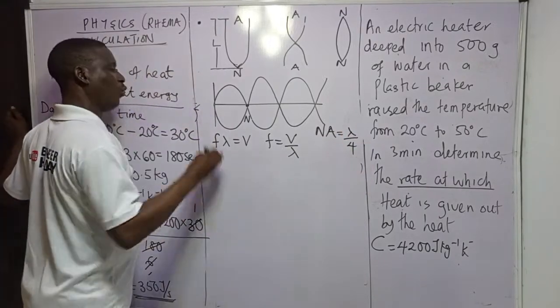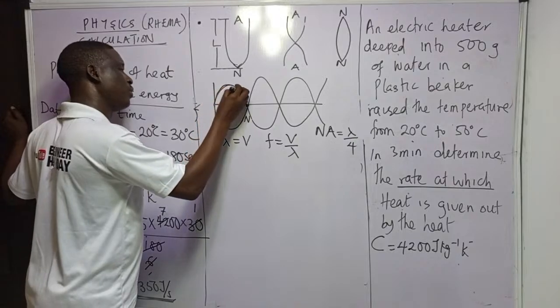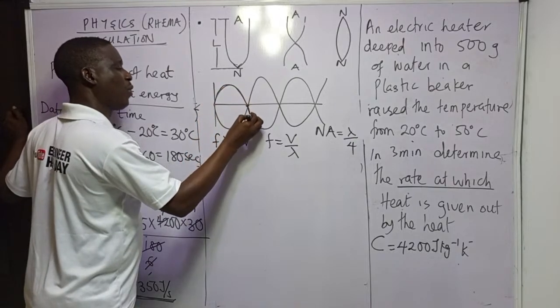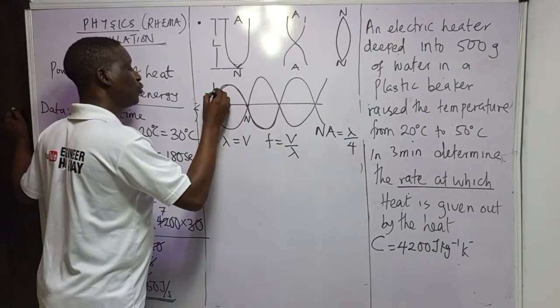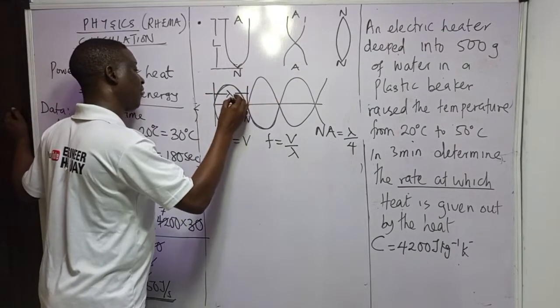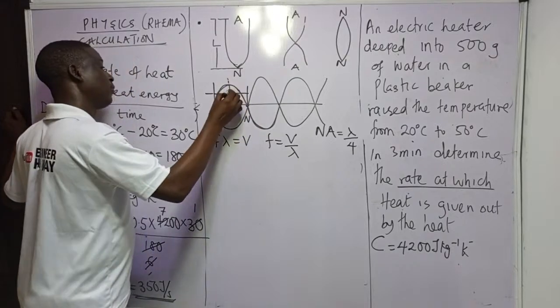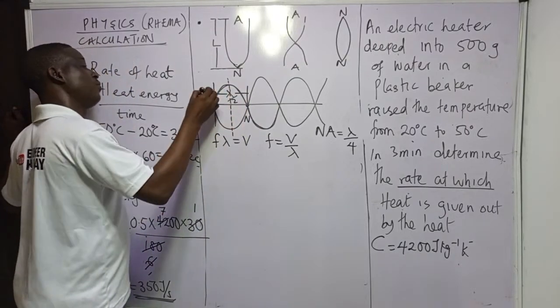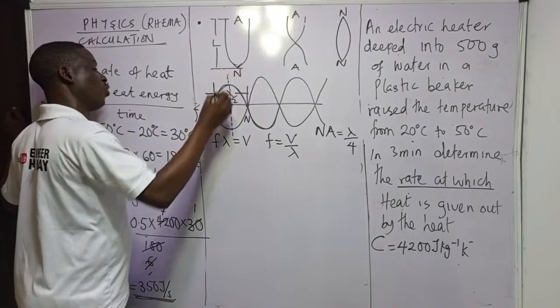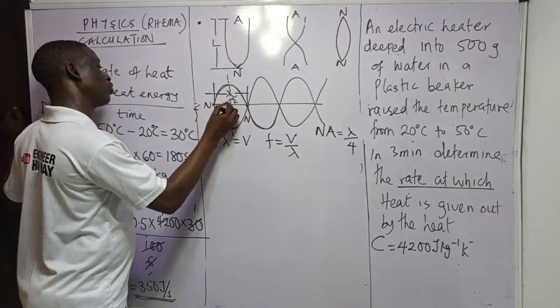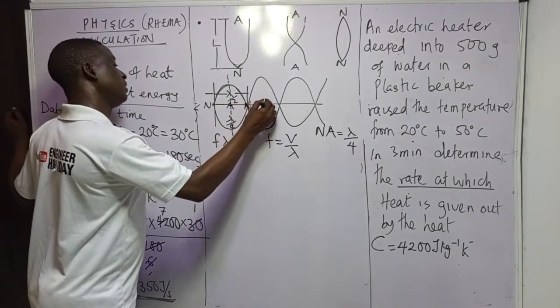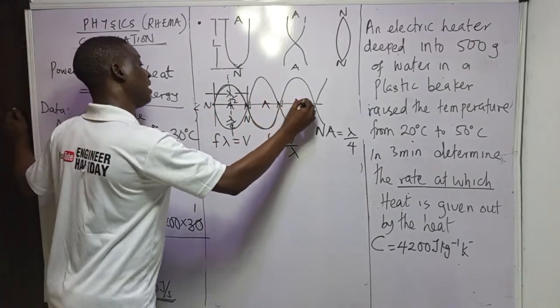From crest to crest is 1 lambda. So from crest to crest is 1 lambda, and half of that is half lambda. From the beginning to this place is what we call quarter lambda. This is node, this antinode, this node, this antinode, this node.